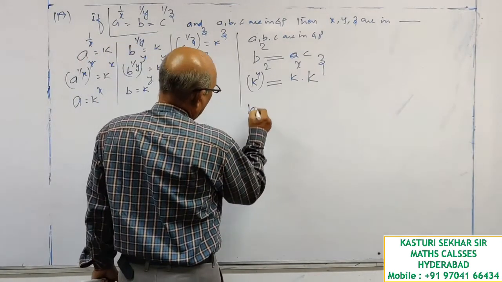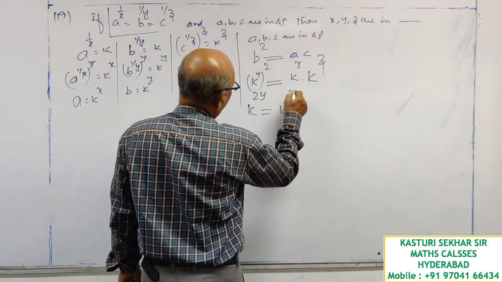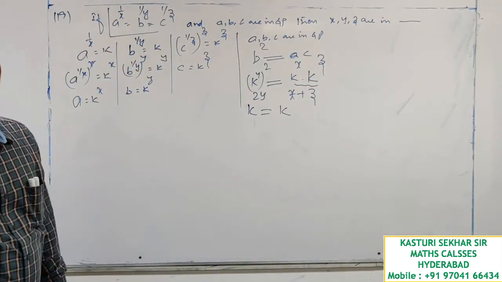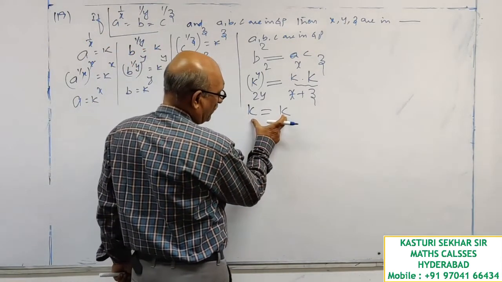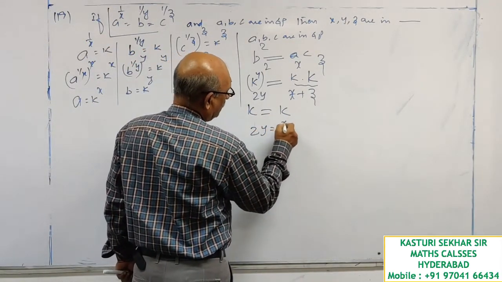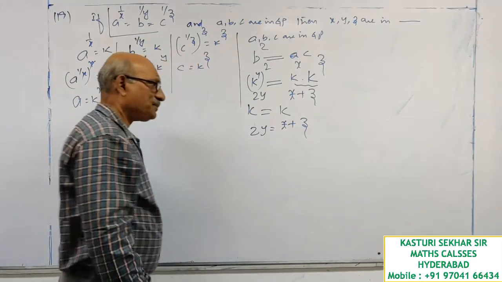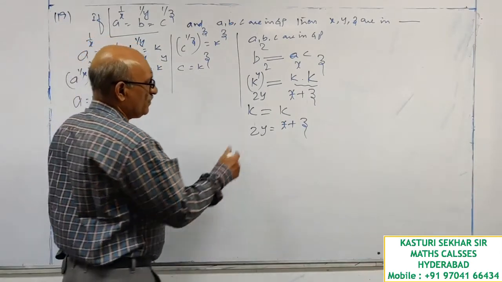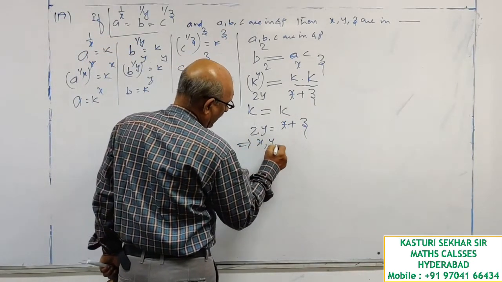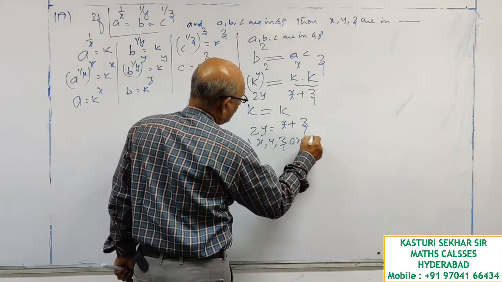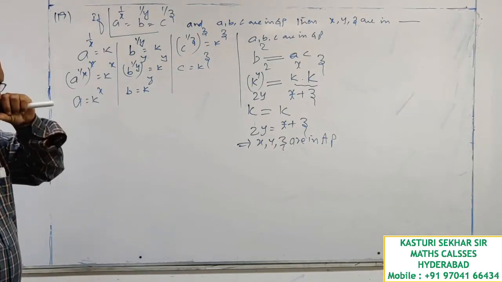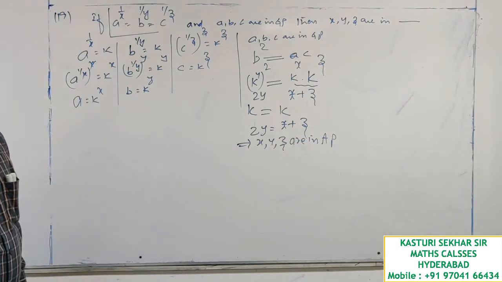Now k power 2y is equal to k power x plus z. Here there is a multiplication sign, so you can add the powers. Bases are equal, so powers can be equated. This implies x, y, z are in AP: 2 times the middle term is equal to the first term plus the last term. So these 3 terms are in arithmetic progression.